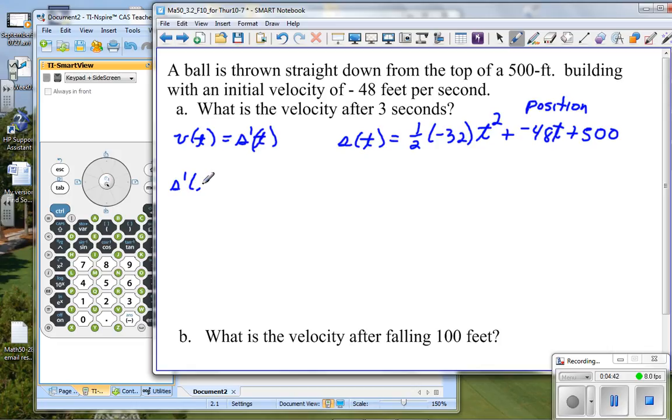So let's look at what would be our derivative. Actually, before we do that, let's just do one more thing with this, and let's write this as negative 16t squared minus 48t plus 500.